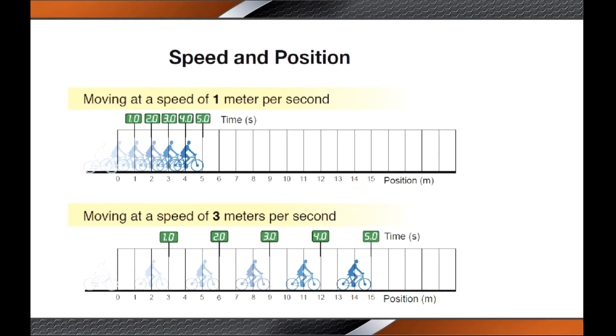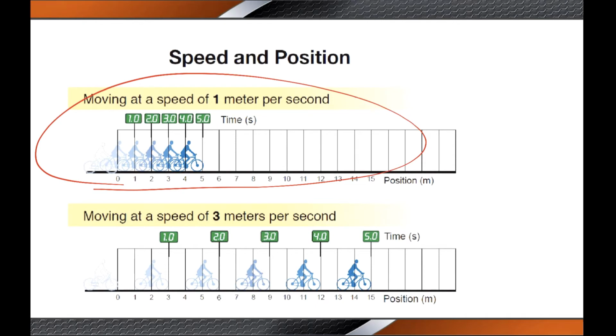All right. So what would be an example of this would be our bicycler right here. Our bicycler, for every single 1 second that passes, they travel 1 extra meter. So they'd be traveling for every single second 1 meter further distance. And then the bicycler in the bottom, they have a faster speed.